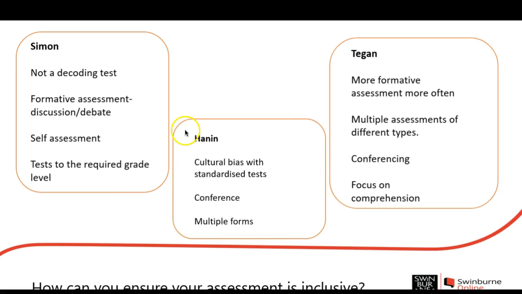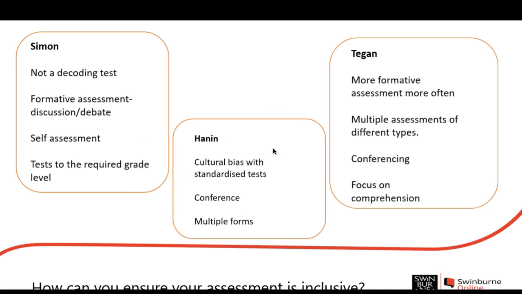And in the middle here, I'd like to see her doing lots of conferencing, because I think lots of chatting and lots of talking is going to give you a lot of information about where Hanin is with her learning. I'd like to see multiple forms of assessment being used. I don't think it would be fair to Hanin to just have a probe or just have something, especially when some of those standardized tests can be quite culturally specific.